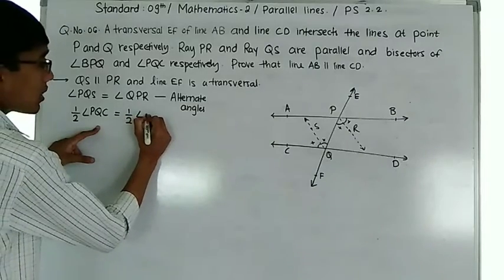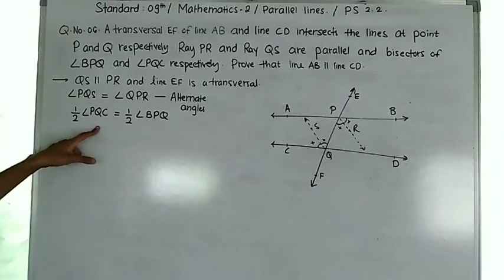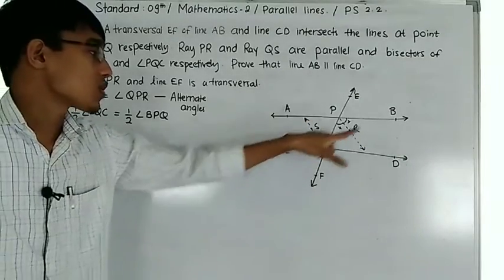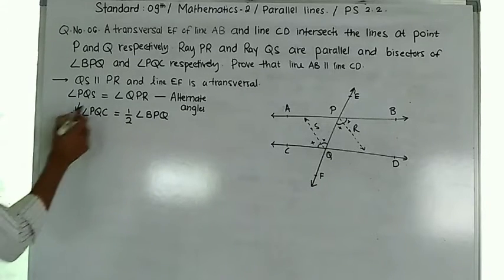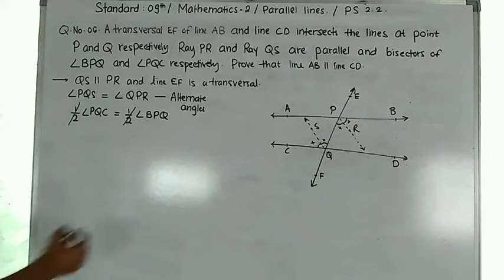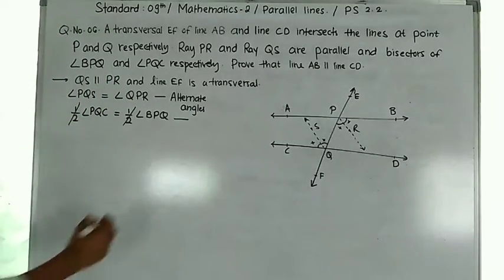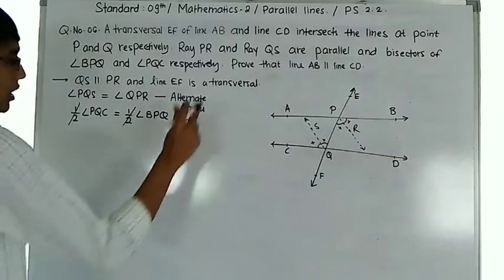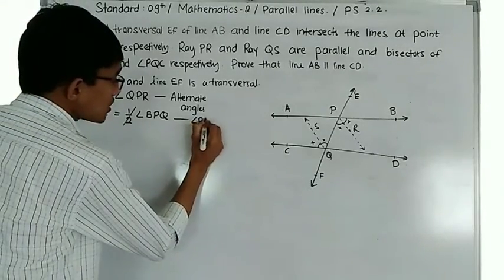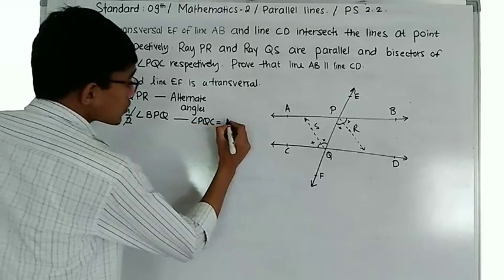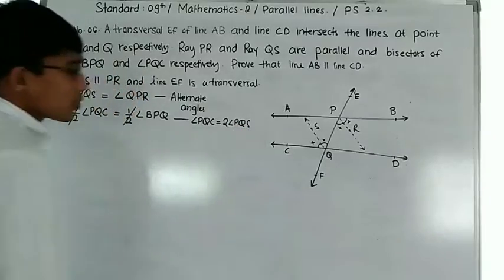What can we write? Half angle PQC is equal to half angle BPQ. Now this half and half get cancelled. What reason will we write? It is given that QS has bisected angle PQC. It means angle PQC is equal to 2 times the angle PQS.